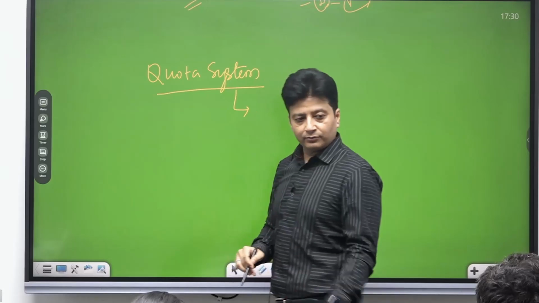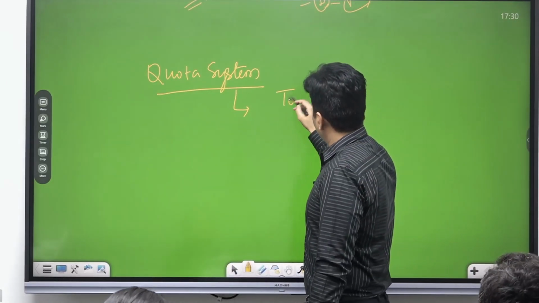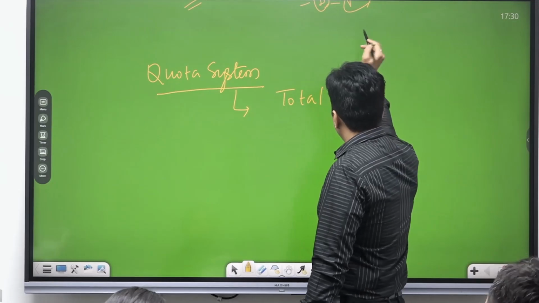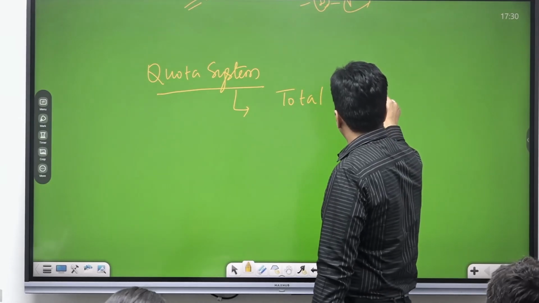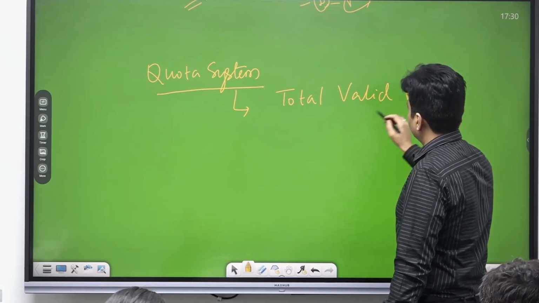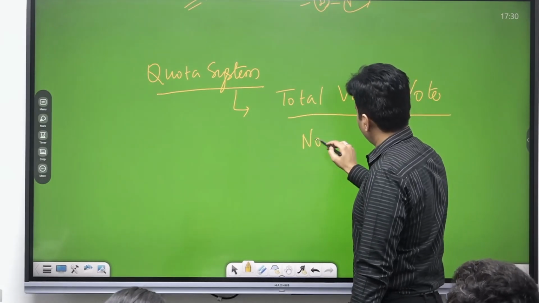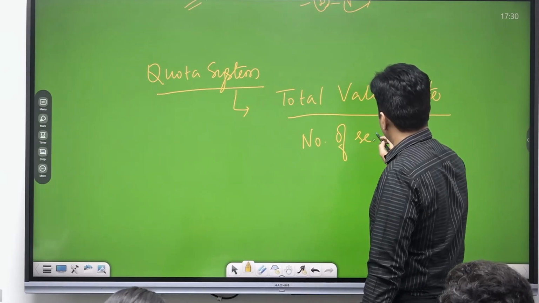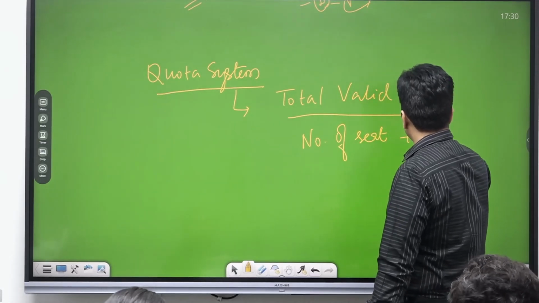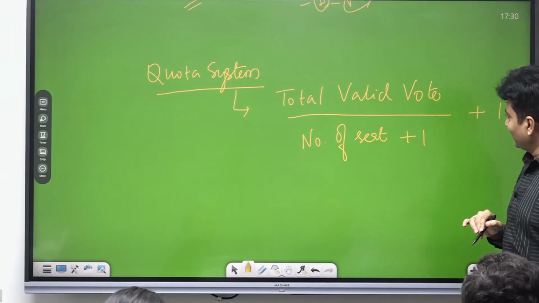And it has a simple formula. It was also given by Hare. Total valid vote divided by number of seats or vacancies plus 1, and then there is a separate plus 1, right?